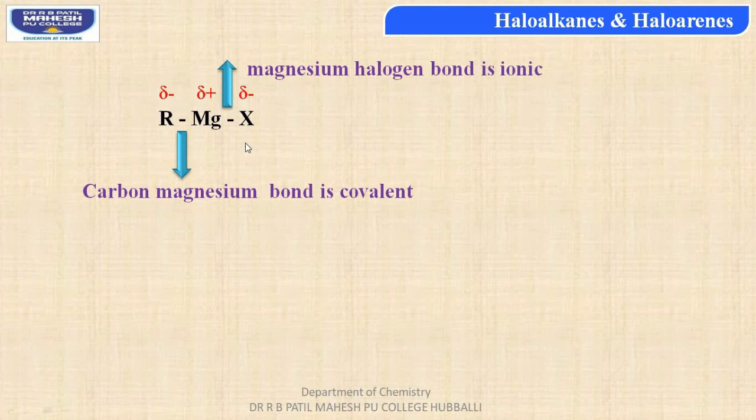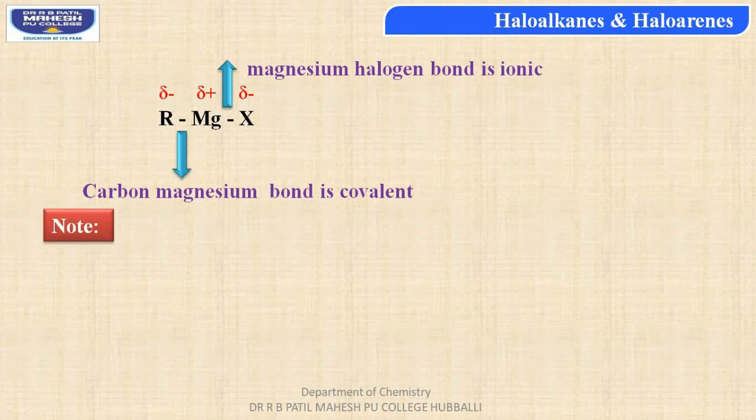Even though the entire molecule is one example of an organometallic compound, students, we can find two different linkages. Magnesium halide has an ionic linkage, whereas carbon magnesium has a covalent linkage.